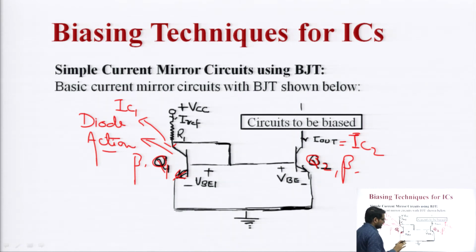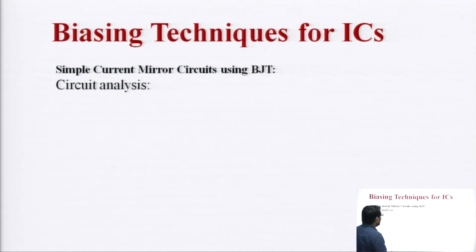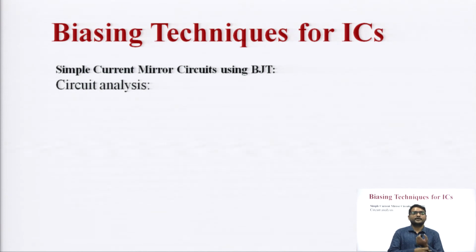That is our object: I out is a reflection of IC1, the collector current of transistor Q1. How do we start the circuit analysis? We derive a mathematical expression and prove that I out equals I reference.